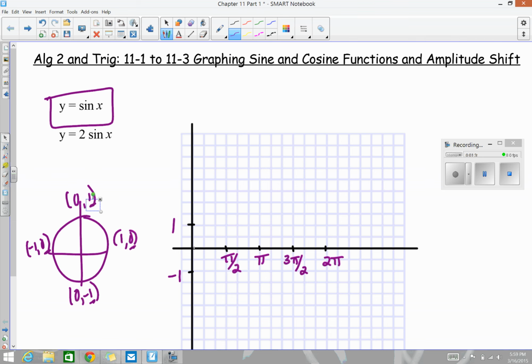So the points were 0, 0, pi over 2, 1, pi, 0, 3 pi over 2, negative 1, 2 pi, 0. And that's your basic sine curve.